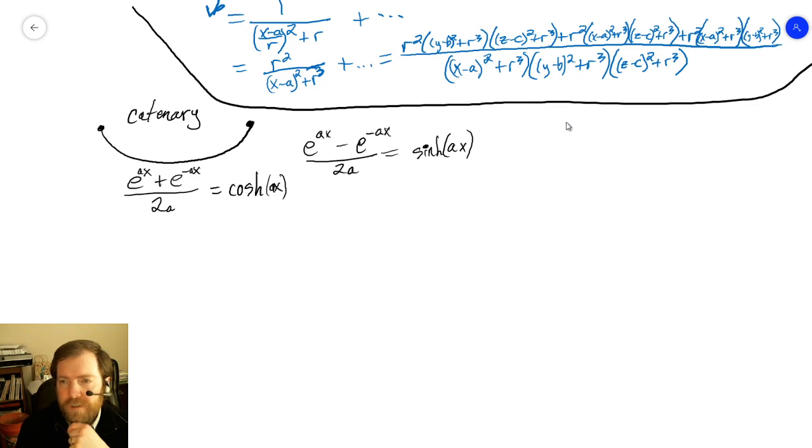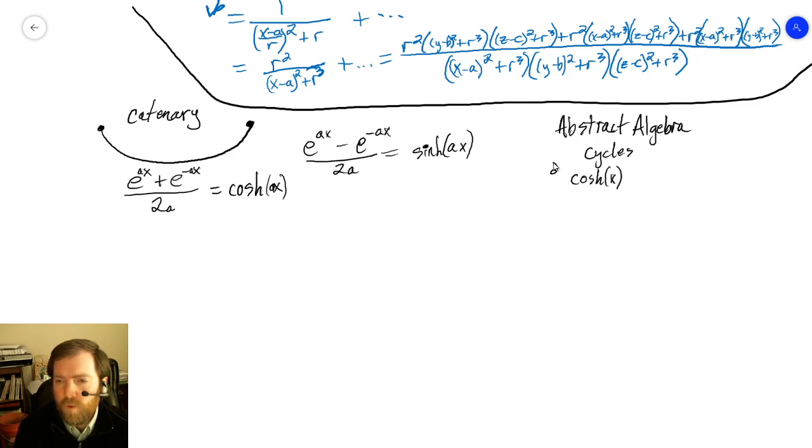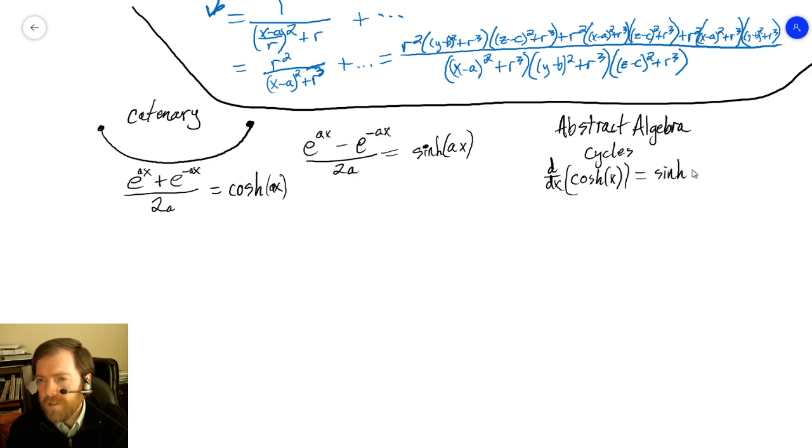I took a class in junior year called Abstract Algebra, which at one point had a lot to do with cycles and finding the properties of cycles. So again, Dx of the hyperbolic cosine is equal to the hyperbolic sine, and the derivative of the hyperbolic sine is equal to the hyperbolic cosine.